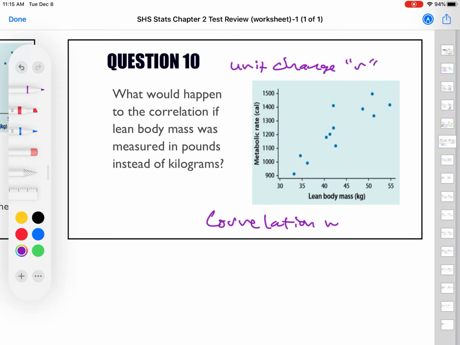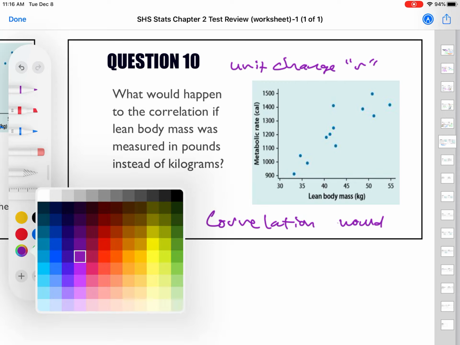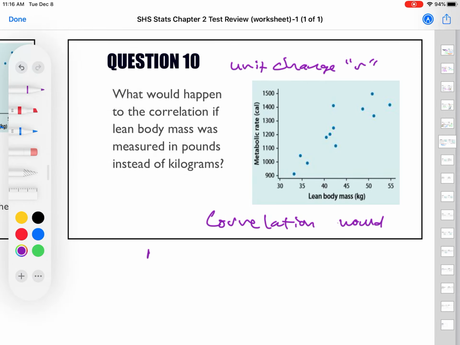Go back to your notes, you remember that correlation would not change when units are changed.